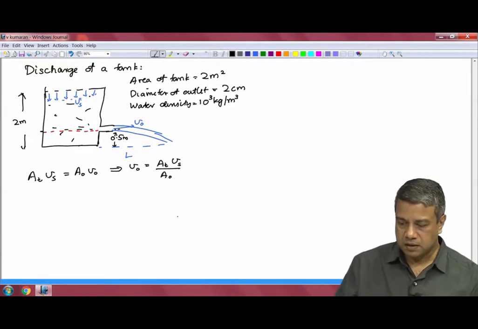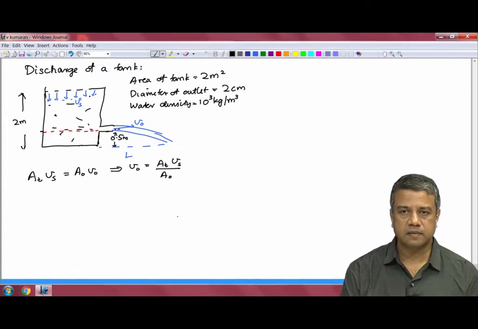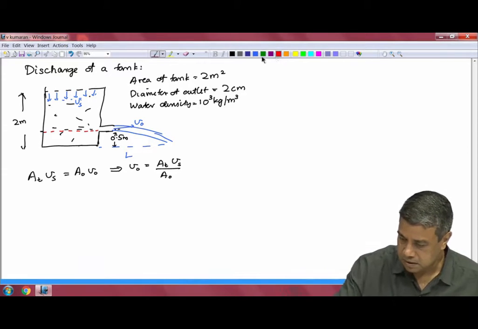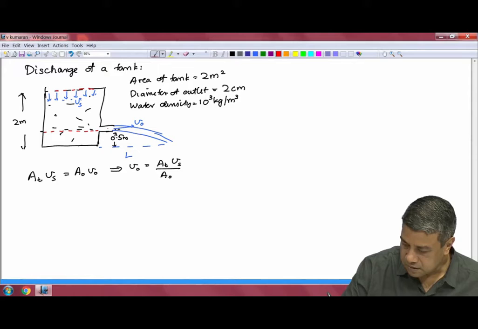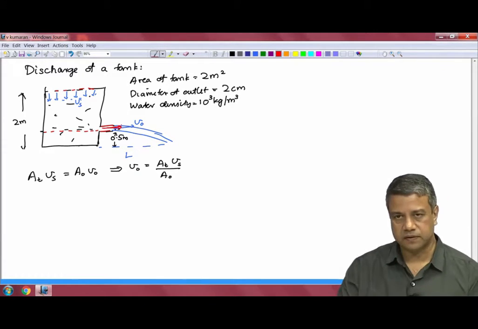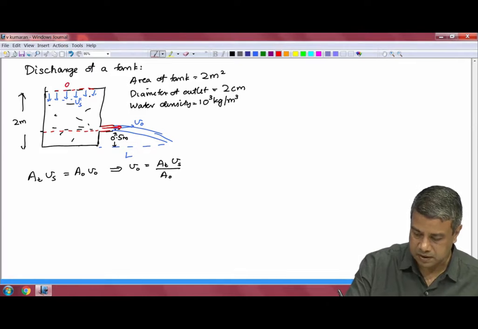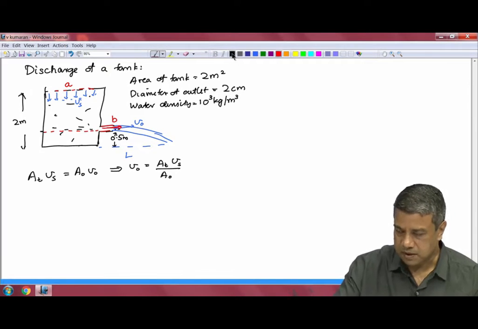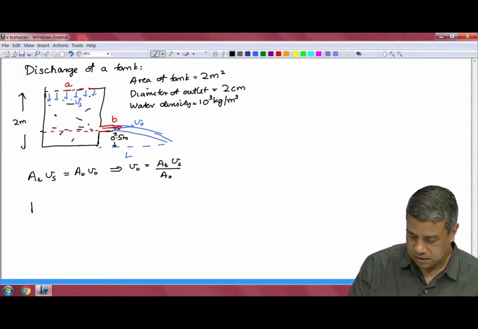So, next, in order to find out the velocity of discharge, I have to apply the Bernoulli equation between this point A, on the surface, and this point B, the fluid that is just about leaving the outlet. I know that between these 2 points, P plus half rho Vs square plus rho g h.